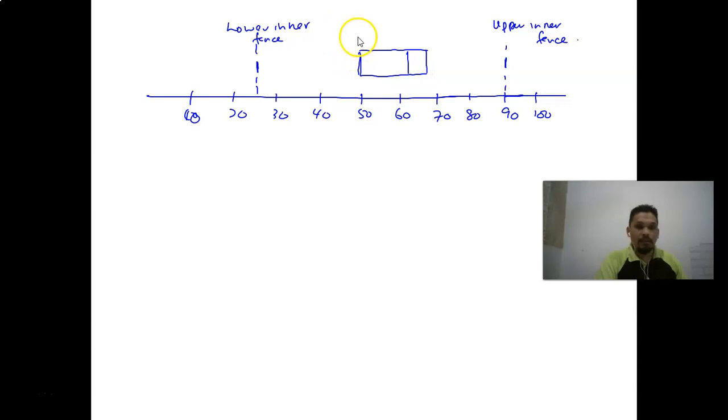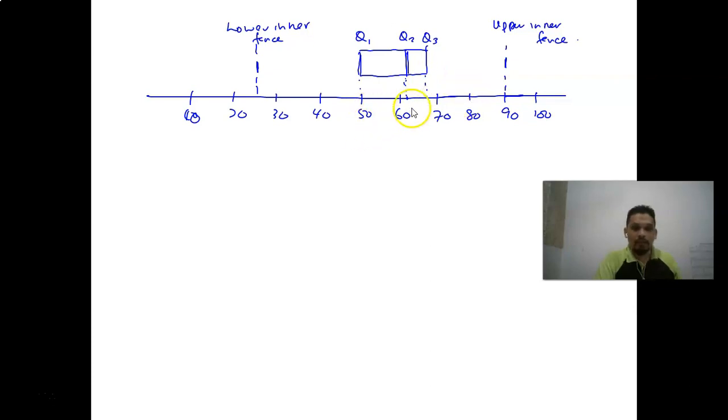Okay, the first quartile, second quartile, and the third quartile here equal to 50, 61, and 66.